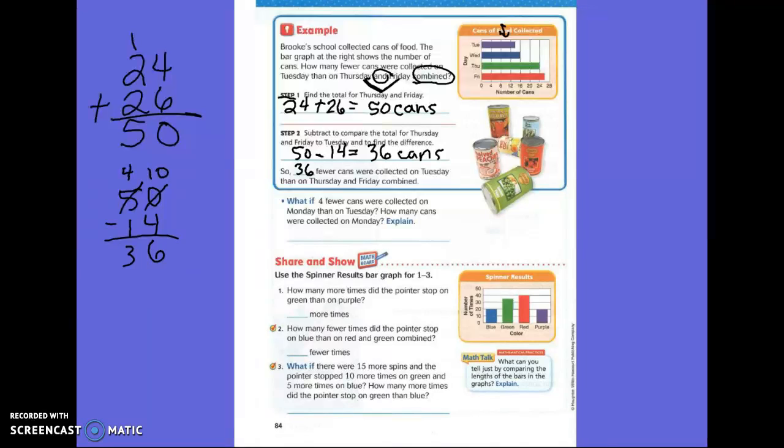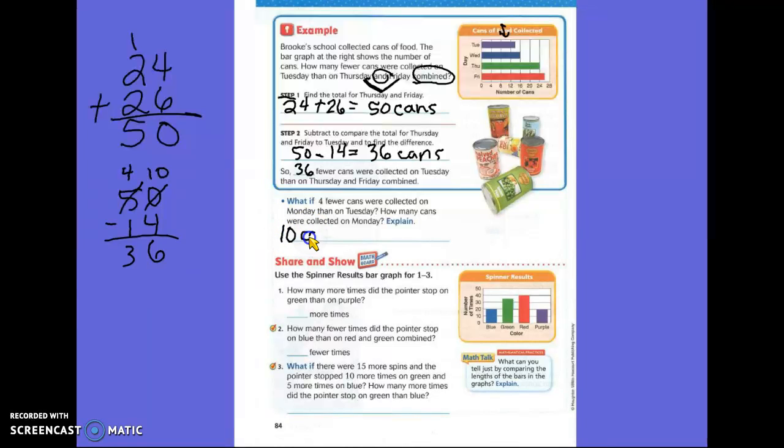No. So if 4 fewer cans were collected on Monday than on Tuesday, how much would be on Monday? Think about Tuesday. Tuesday has how many? 14. What's 4 fewer than 14? 10.